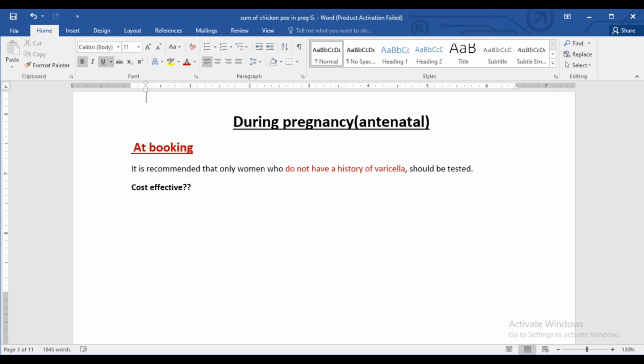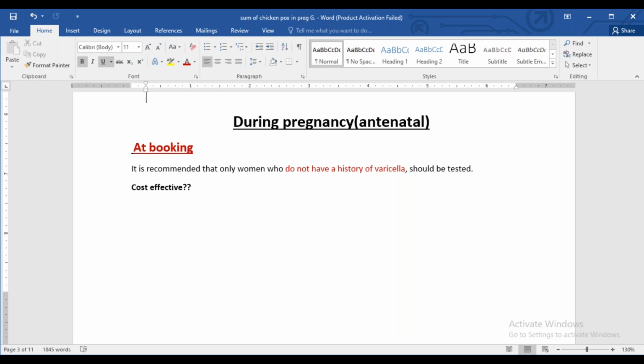For those women, usually they take a booking serum sample. In Ireland, in some places with arrangement with the labs, they do booking serum testing to check, but it's not the rule there. In the UK, they don't do this.